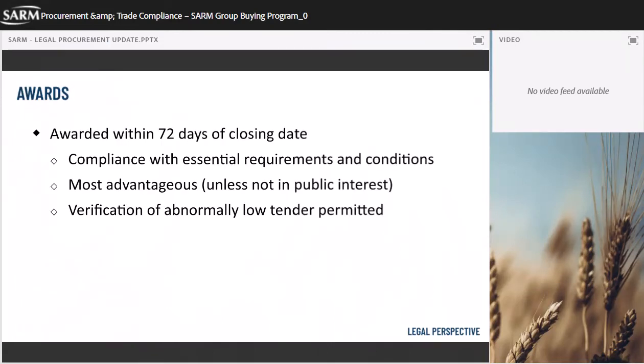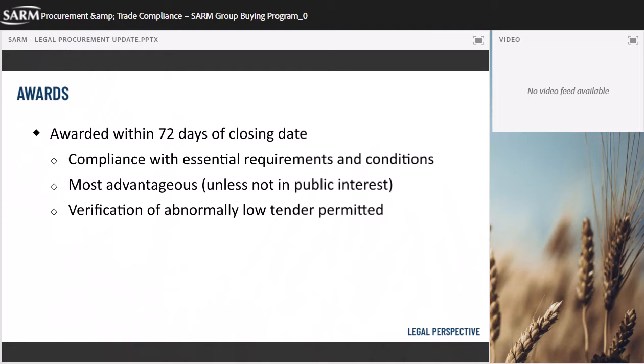Now, for awards, tenders need to be awarded within 72 days of the closing date. You want to ensure that there's compliance with essential requirements and conditions. In evaluation criteria, it's really important to know what pieces are essential, because if something that's noted as essential is omitted, that would be an automatic disqualification.